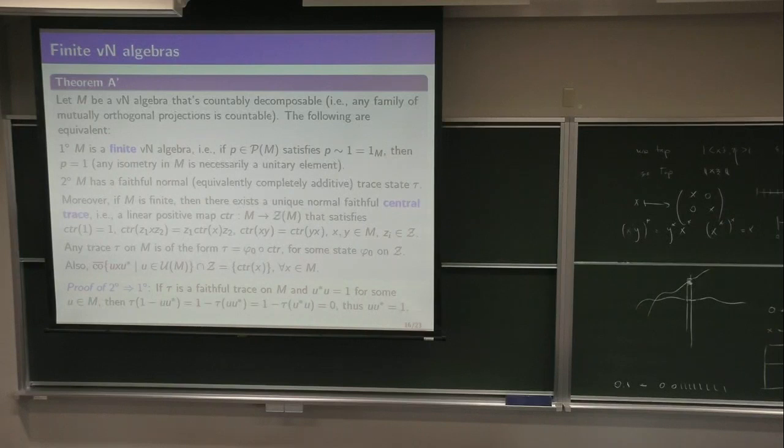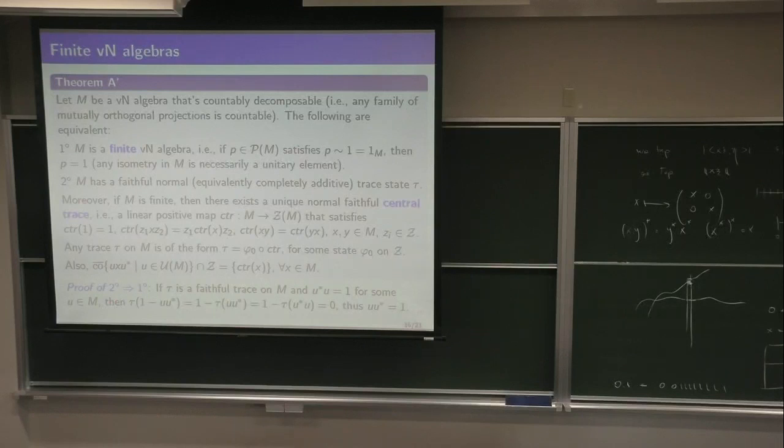And actually, Dixmier's theorem tells you that you can recover the central trace as the intersection of the norm closure of the convex hull of the unitary conjugates of x, in operator norm, which is a remarkable fact. We call this the Dixmier averaging of x: you move x around with Ad u, the action of the unitary group of M. Okay, so this is the more general theorem for not necessarily factors.